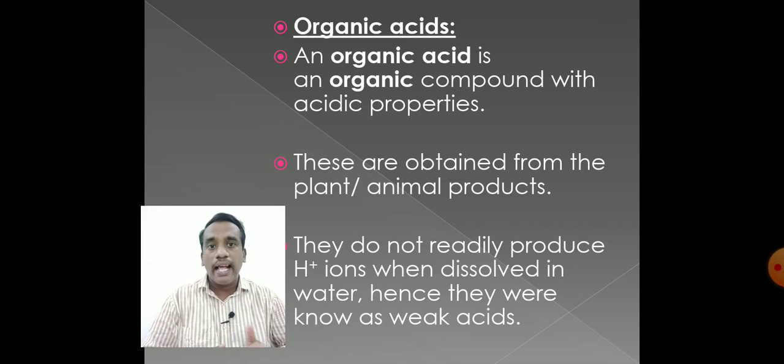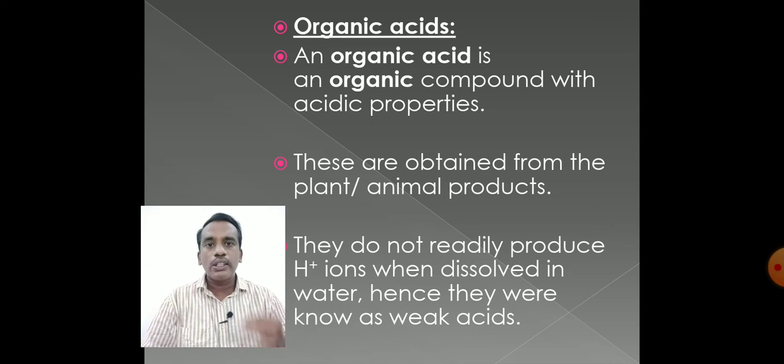Now we had classified the acids into two categories, organic acids and inorganic acids. The organic acids are not harmful for us, so we use them in our day-to-day life, in our home, in the dishes that we make, because they do not dissociate into H plus ions readily.